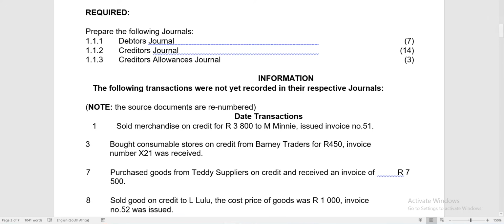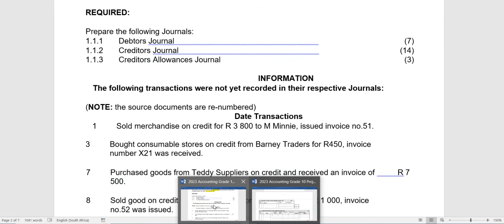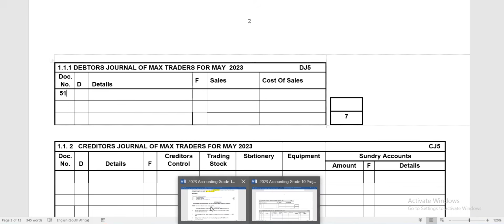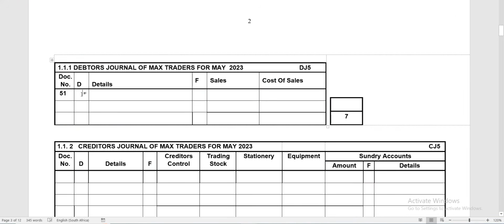I'm going to write invoice number 51, and then the day is going to be day number 1, and then our debtor will be M Mini.